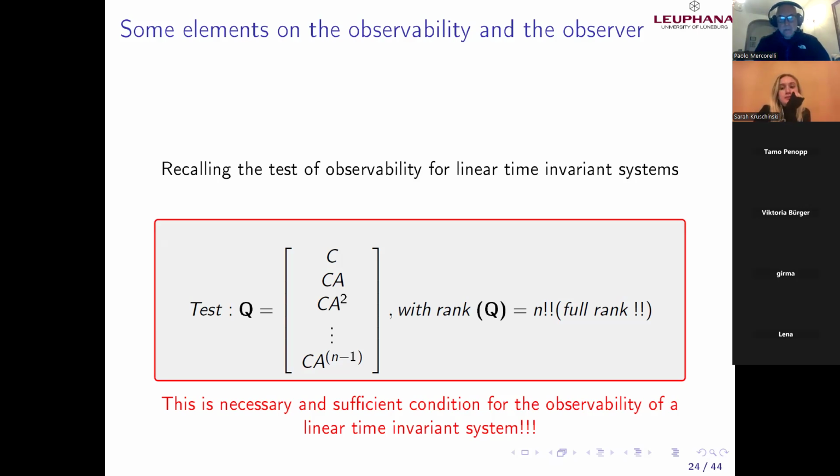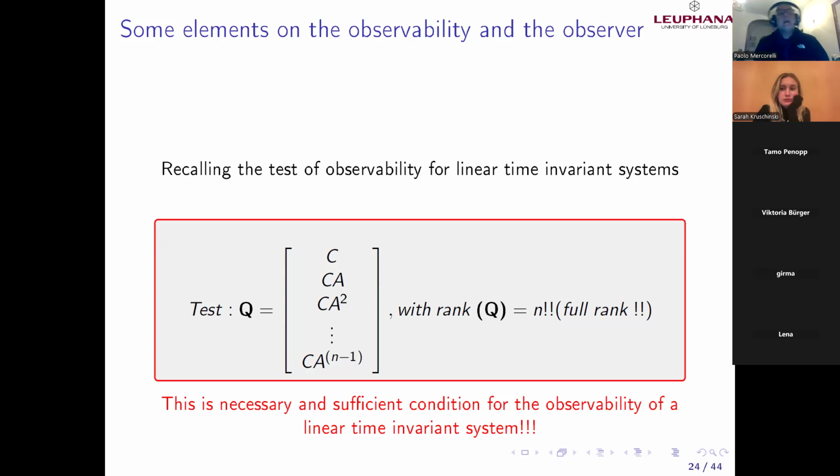I told you, I was not exactly precise before when I told you about the linear system, because of course a linear system could also be time variant. What I called before a linear system, to be precise, is a linear time invariant system.